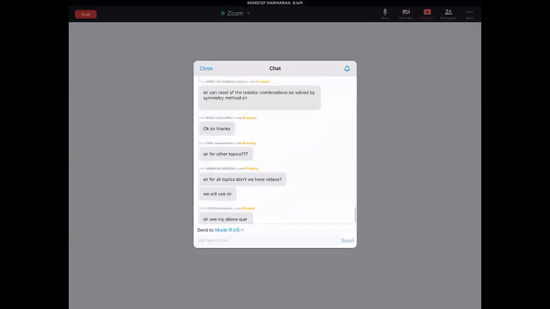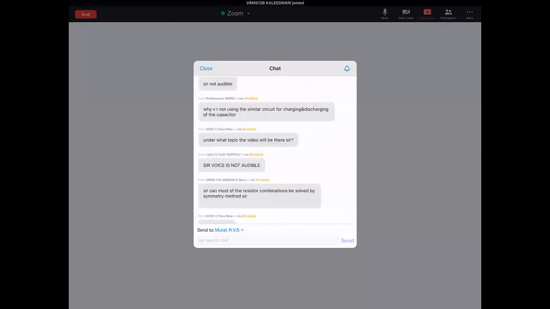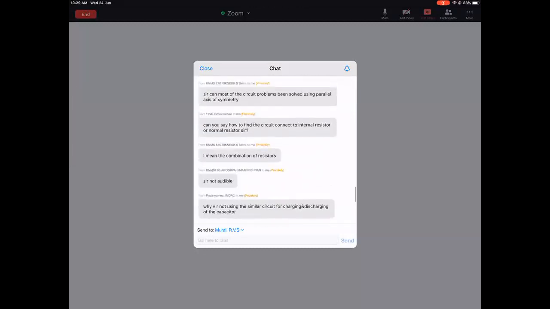Gokul Nathan, what is your question? Can you say how to find whether the circuit is connected to an internal resistor or a normal resistor? It doesn't matter. Whenever there is a battery, there will be an internal resistor.